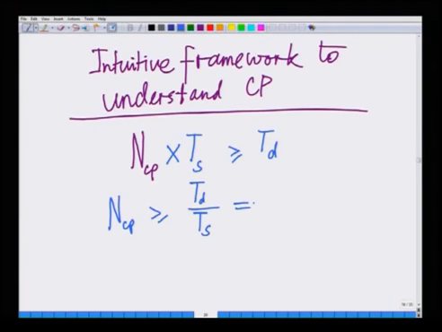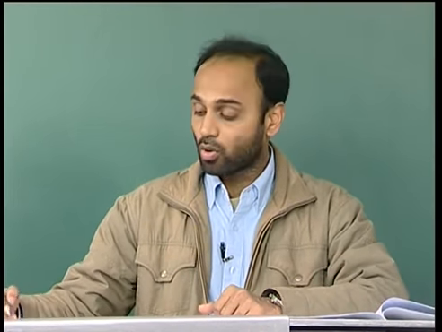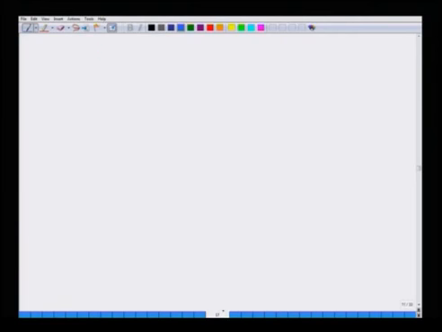Now, remember, we already said the sample time is 1 over b. So, 1 over Ts equals b, and we said Td, the delay spread, is 1 over twice the coherence bandwidth, so this is equal to 1 over 2 Bc. Hence, NCP is greater than or equal to b by 2 Bc. So, intuitively NCP should be greater than half b by Bc.